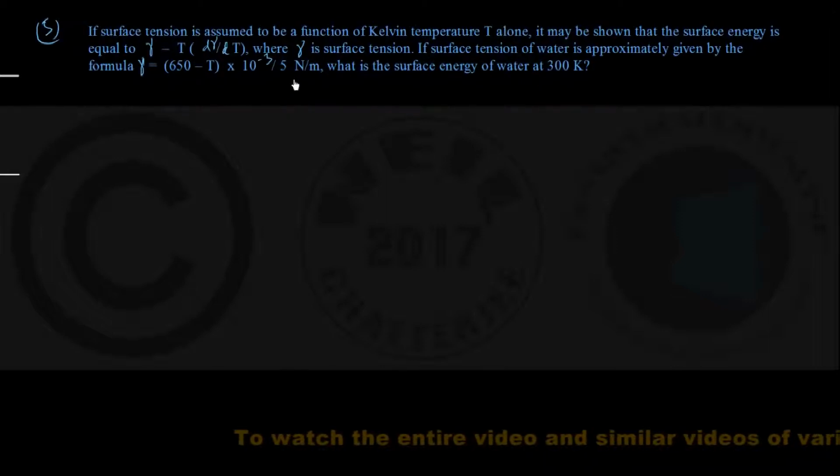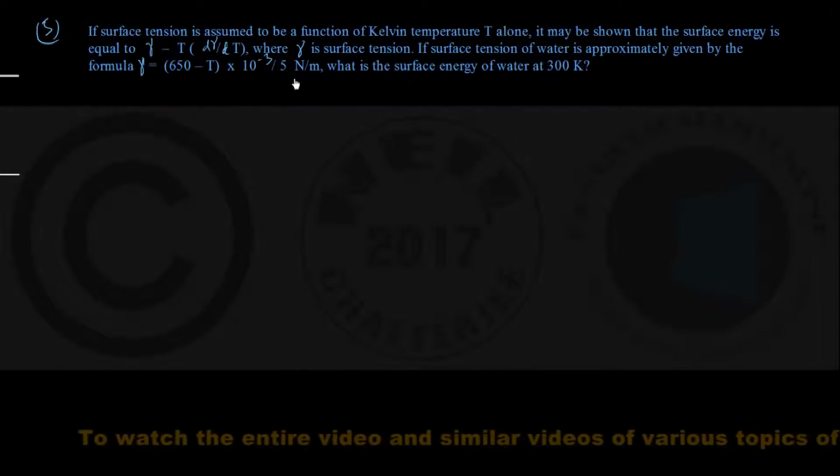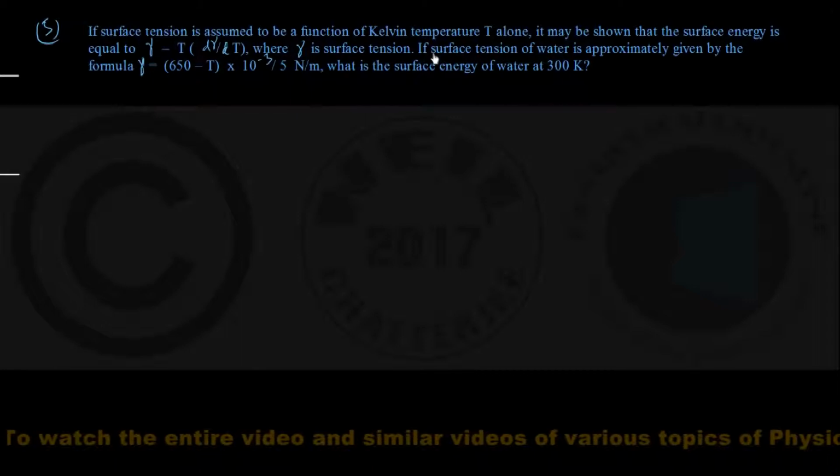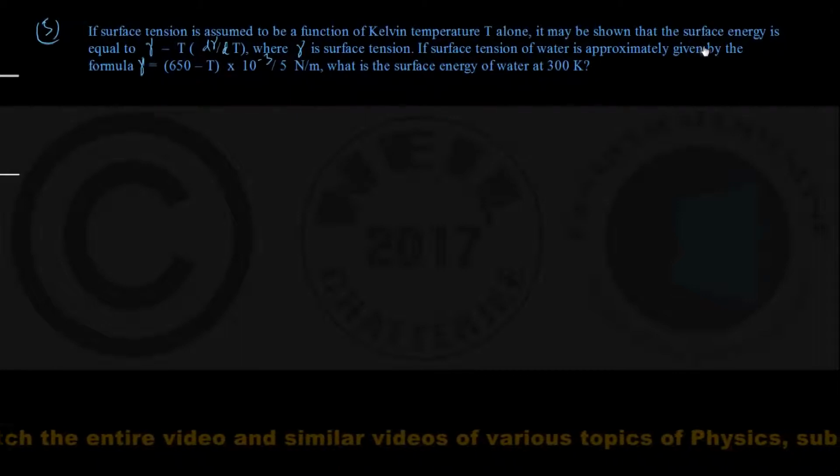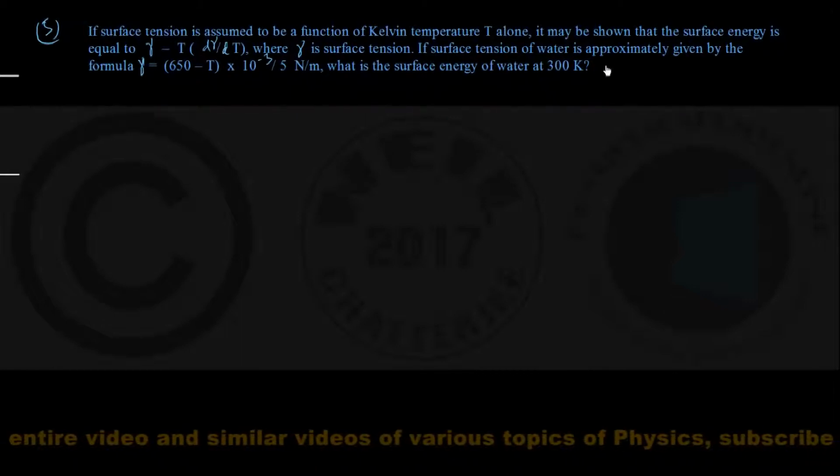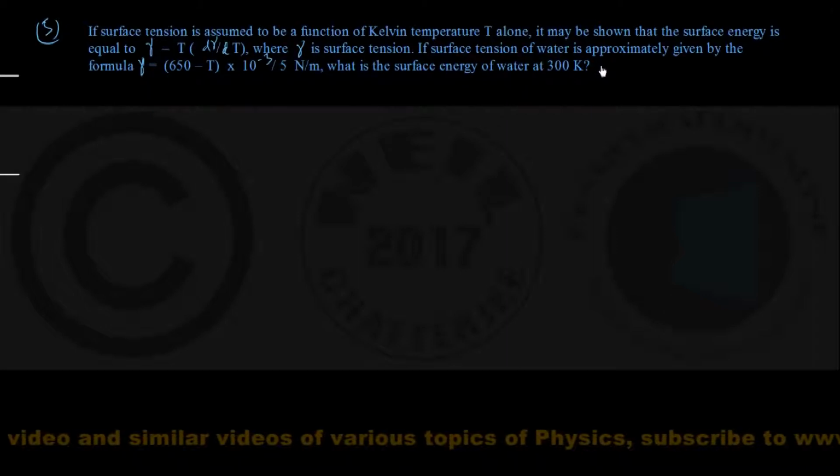So I have chosen the problem because it gives interesting insight into my theory class under the title Theory of Surface Tension, and particularly the subtopic relation between surface tension and surface energy. We had shown there that the total surface energy of free surface of a liquid may be composed of 2 components.